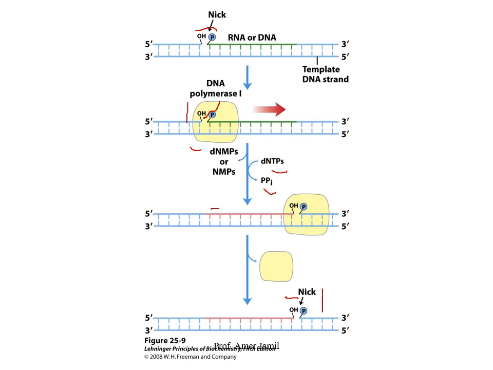So the nick remains there. DNA polymerase cannot seal this nick. It can only replace a part of the DNA or RNA present in this case, but this nick cannot be sealed by DNA polymerase 1. There is another enzyme which seals it.